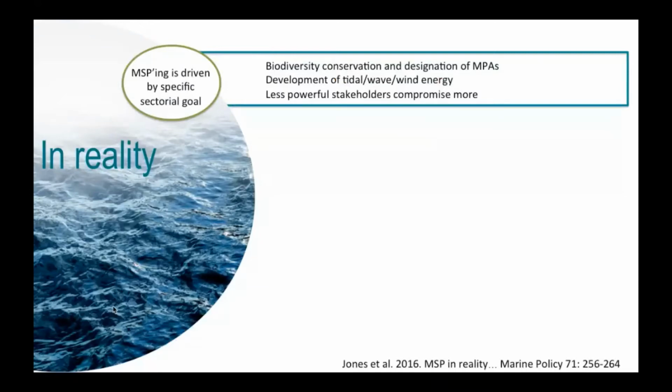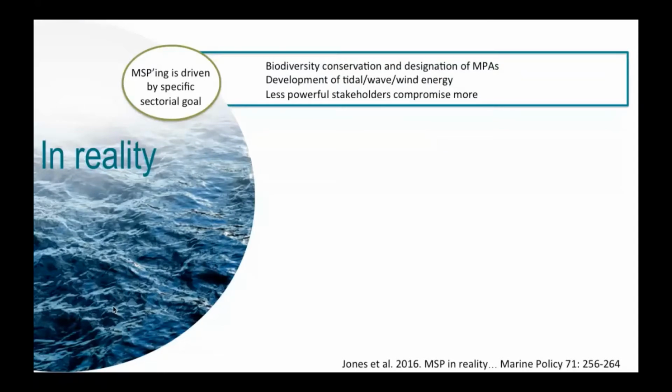So it would be nice to have an idea of how MSP is being done so far. And it's hard to say that we can have an idea for what's happening in the tropics because it's just beginning. But we know what's happening, for example, in North America and in Europe. And one study has evaluated how this process has been done in Europe, with more than 12 main case studies.